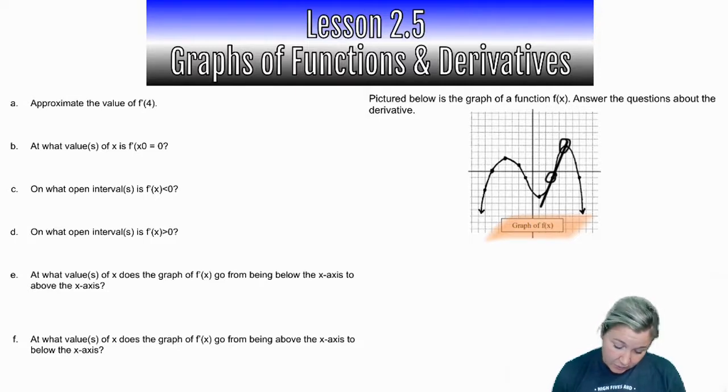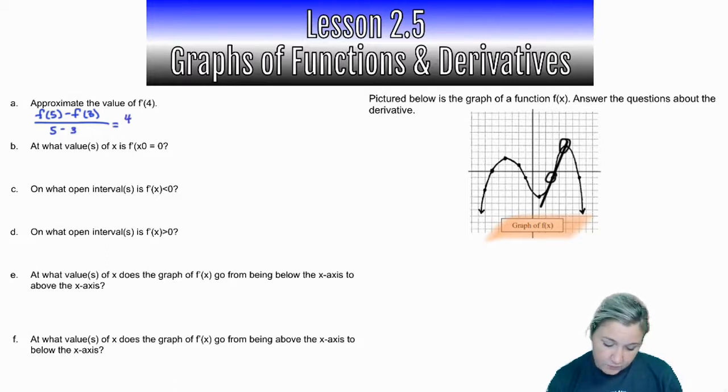So basically, I'm going to find f of 5 minus f of 3, and then divide by 5 minus 3. f of 5 ends up being 4, and f of 3 is negative 1, and then 5 minus 3. So I end up with 5 over 2. So this is going to be approximately f prime of 4.